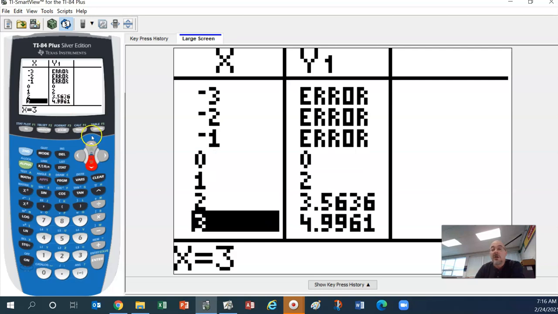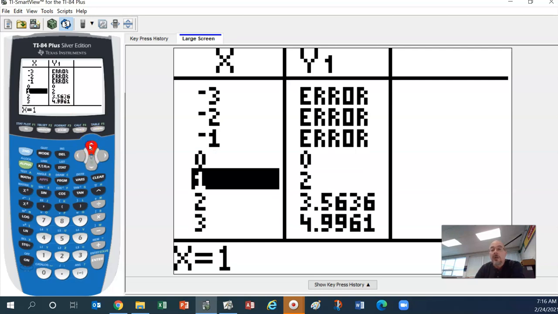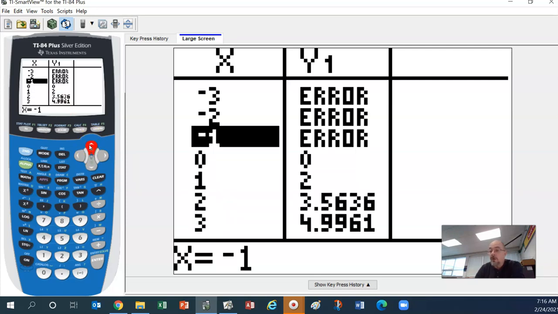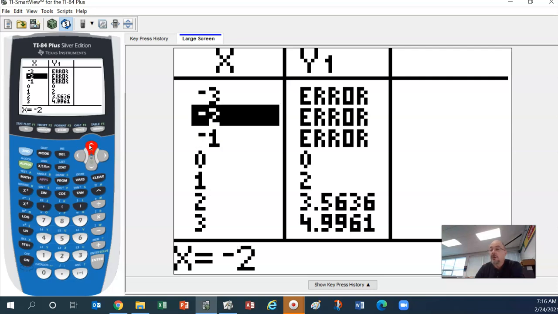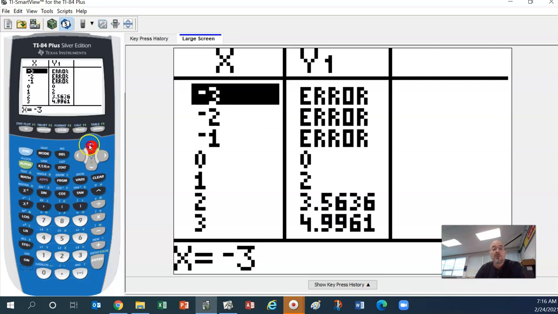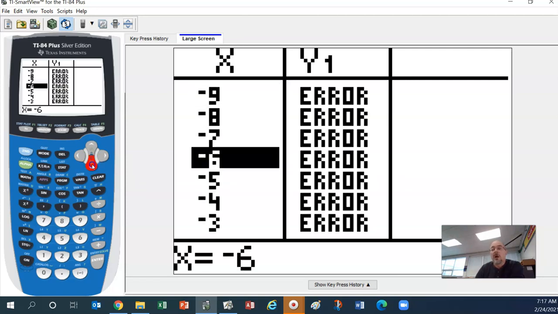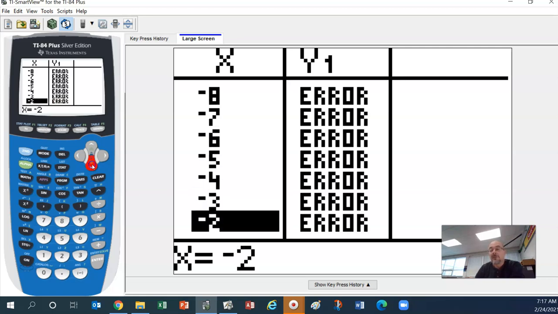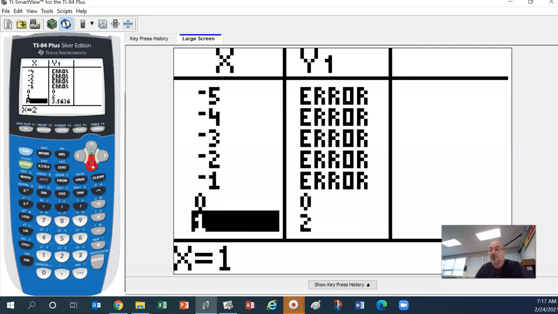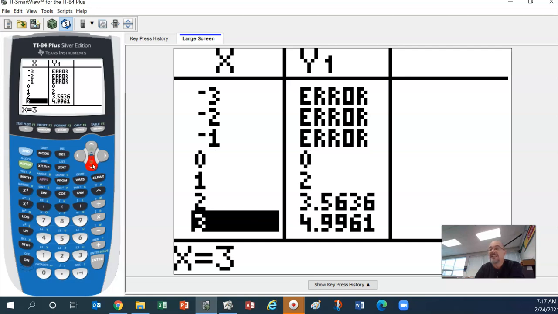That means those numbers don't work. -1 doesn't work. -2 doesn't work. -3, oh, you mean all of these negatives, they don't work. That's interesting. Part of the reason is if you look at the rational exponent, folks, it's 5/6. The denominator is even. That causes that to happen.